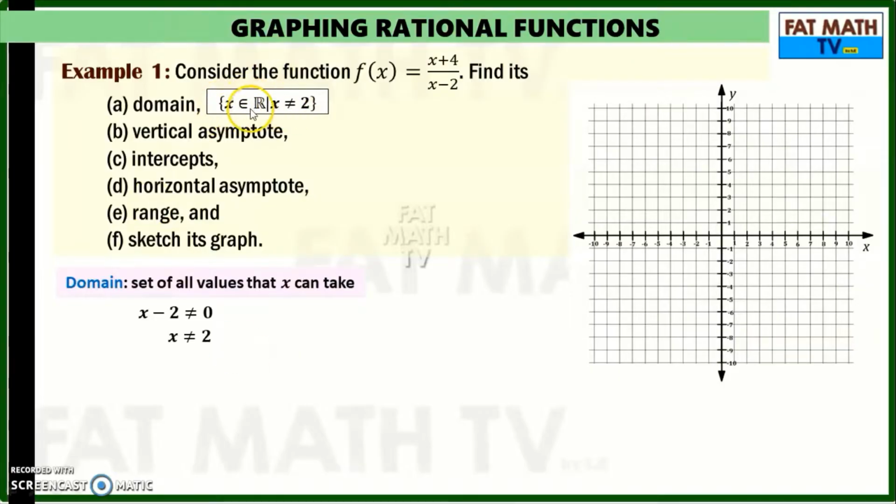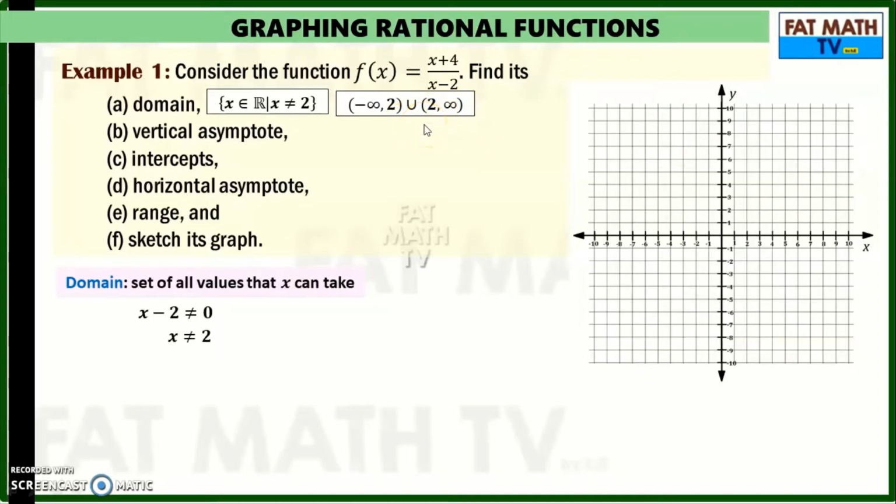So we write that this way: the set containing x, element of R, meaning to say real number x, such that x is not equal to 2, meaning to say all real numbers except 2. Or in interval notation, that is from negative infinity to 2, 2 is not included, that's why parenthesis here, union 2 to positive infinity, 2 is also not included here.